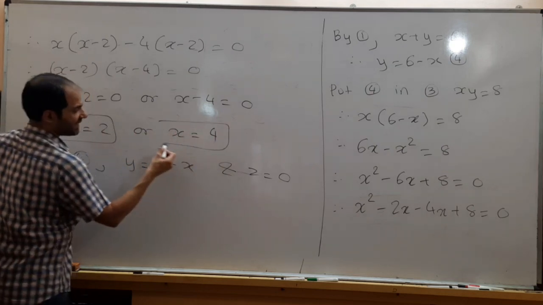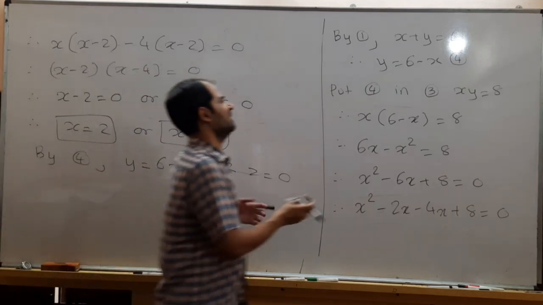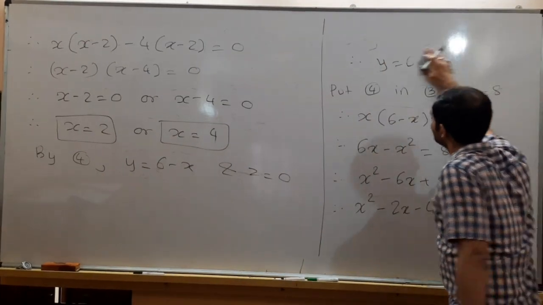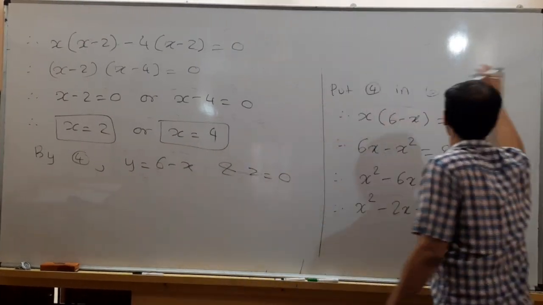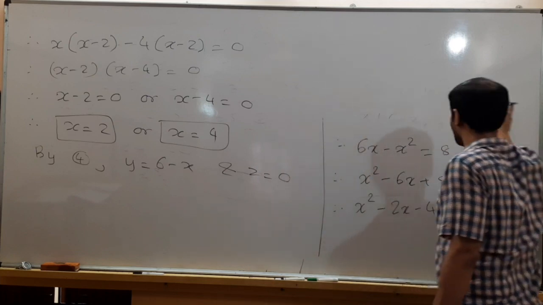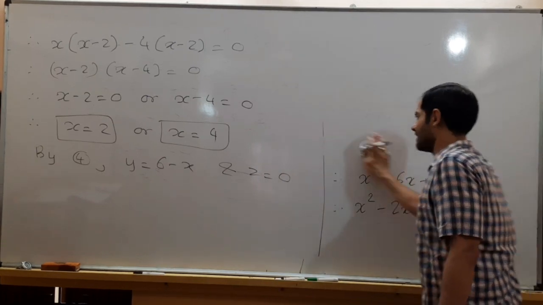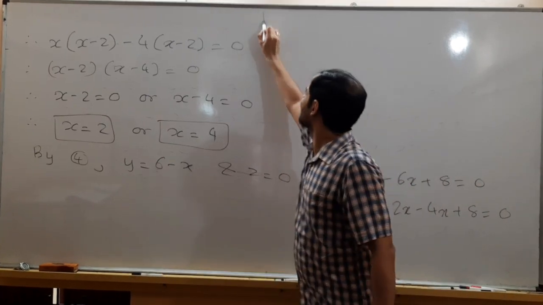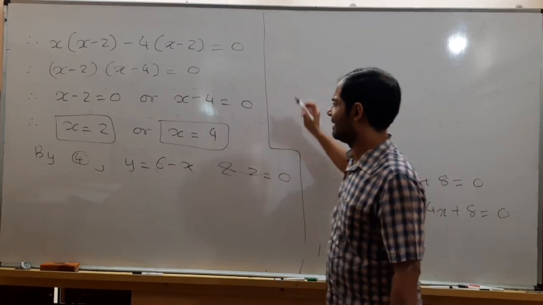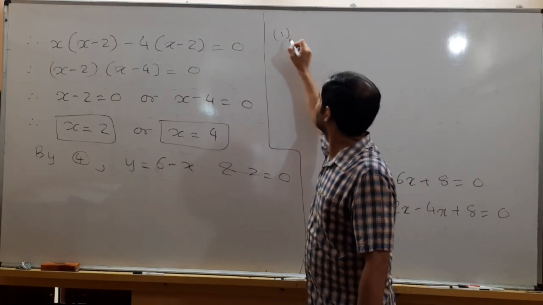So I will take the first case, x is 2, I will find the y and z, and then for x is equal to 4, I will find y and then I will get the answer. So not tough, but just a typical simple question.